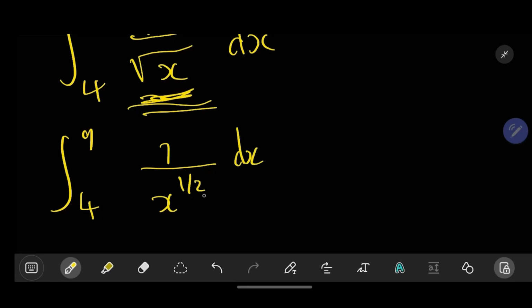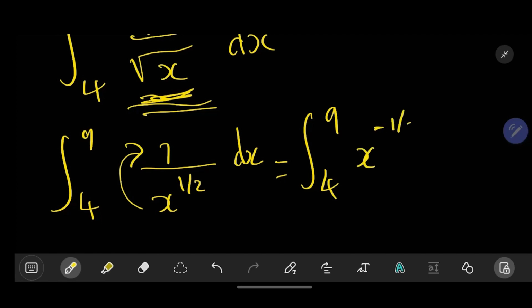Now we see it has an exponent. So what do we do here? We would rewrite this, taking this to the top, as x to the minus half dx. Now we can clearly see that we can just use the power rule.